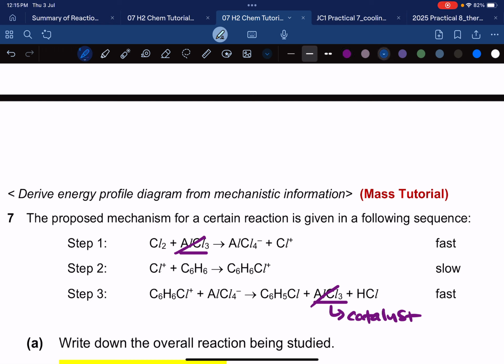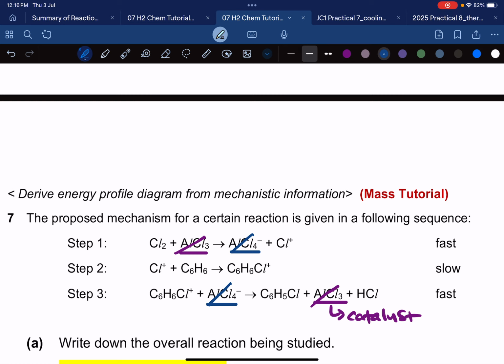Intermediates are chemical species that are produced during a reaction itself, and they get consumed again before the end of the reaction. One intermediate we have in step 1 is AlCl4 minus. It is produced and eventually consumed in step 3.